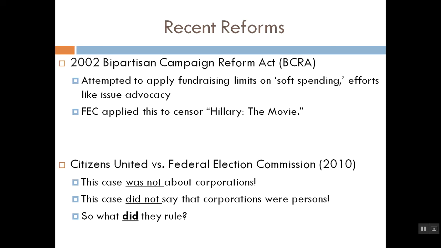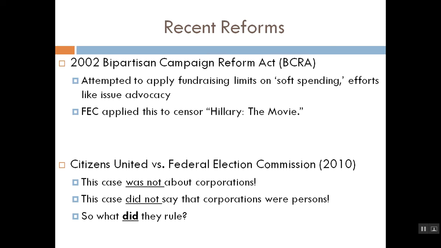There are limits now after BCRA on how much money you can spend registering voters during an election cycle.